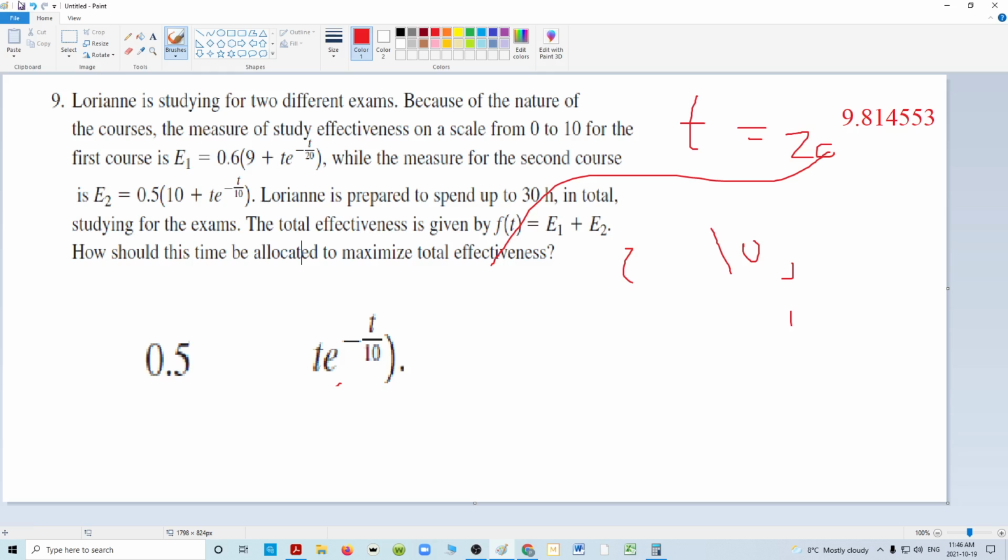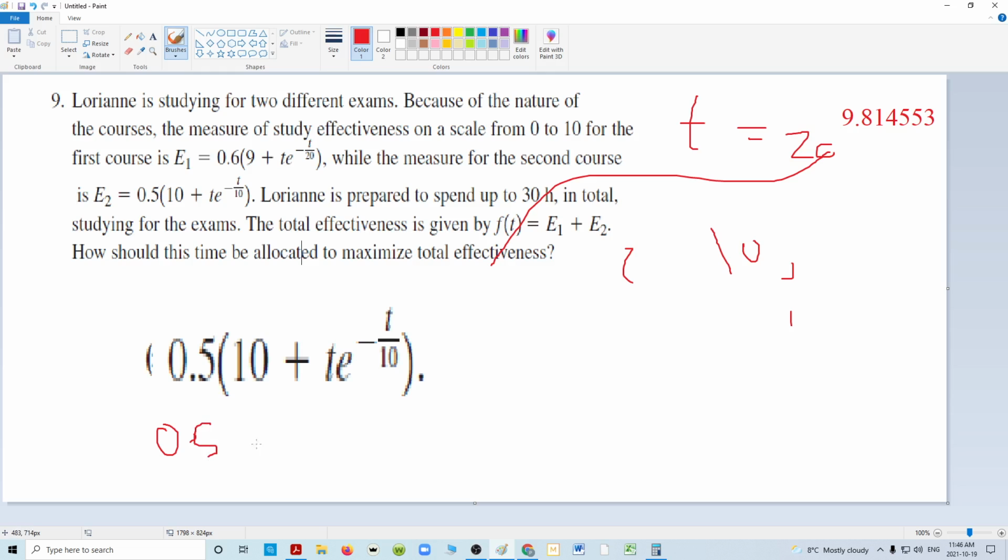Then we plug it back into the main equation to figure out what that efficiency rating was. So we get 0.5 times 10, which is 5, plus 0.5 times 10, which is the t, so 5, over e to the 10 over 10, which is just e.